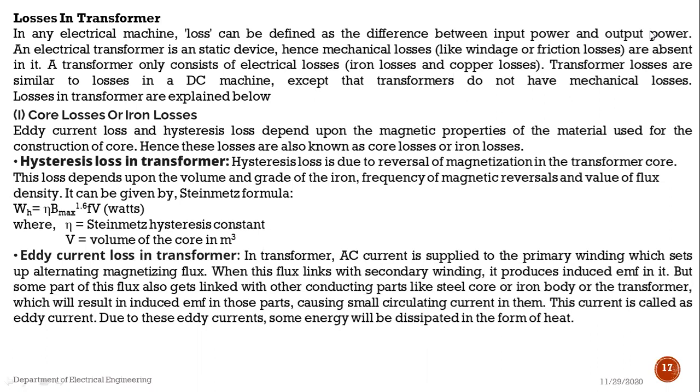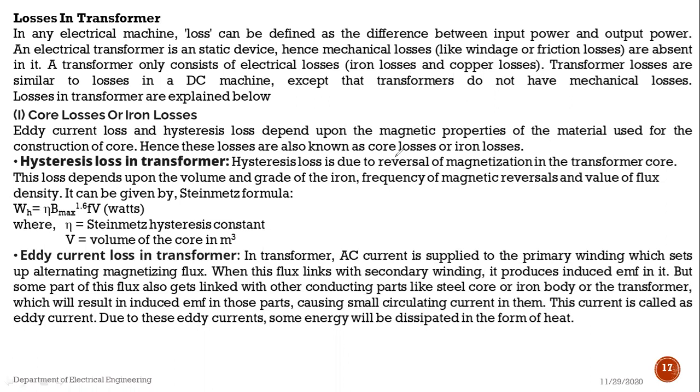Also it depends upon the frequency of magnetic reversal, which we can generally take as the supply frequency F, and the maximum value of flux density, Bmax. It can be given by the Steinmetz formula.